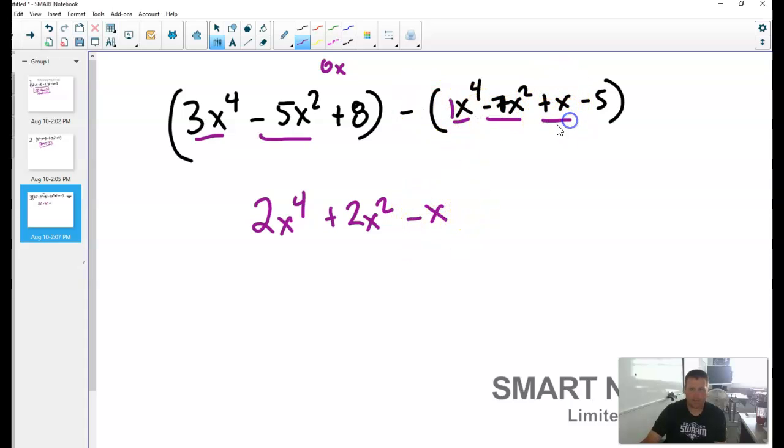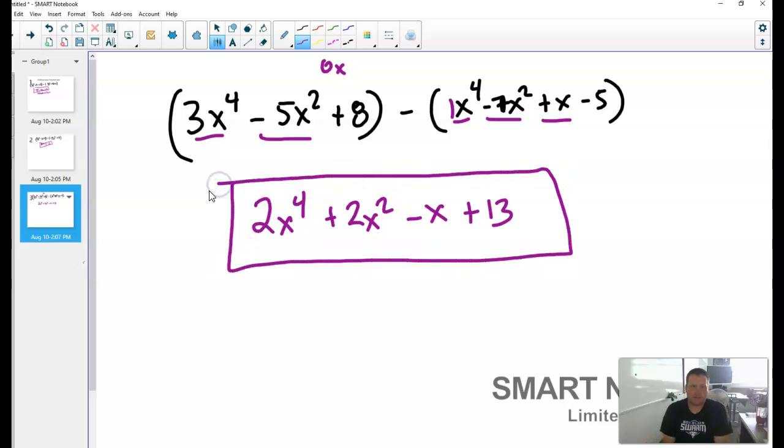People just want to drop this down, but you've got to actually go, it's 0x minus 1x. And then we just go 8 minus a negative 5, which, minus a negative, there's our first rule, that first error, minus negative becomes positive, and I go 8 plus 5 now, which is 13. And then I'm done with that one.